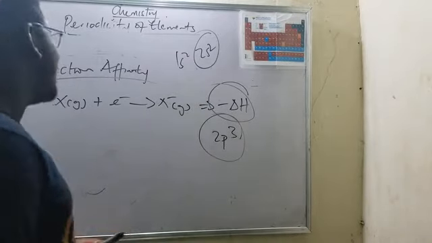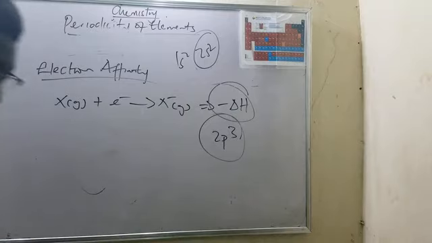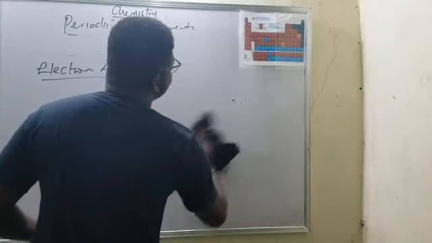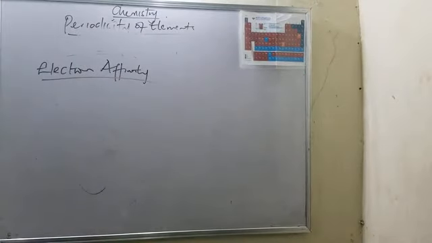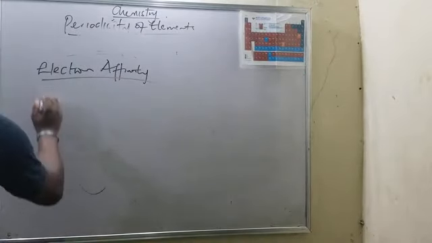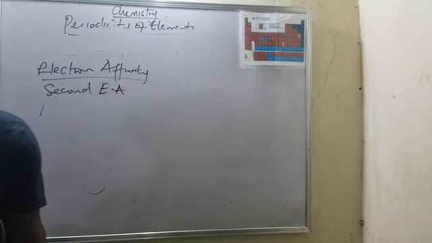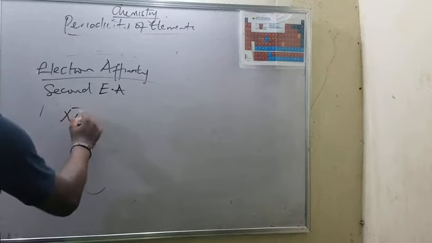But there is something I would like to note in the area of electron affinity. We have some elements that actually have first electron affinity and second electron affinity. For second electron affinity, we have something of this sort.